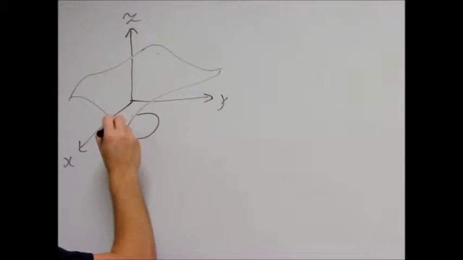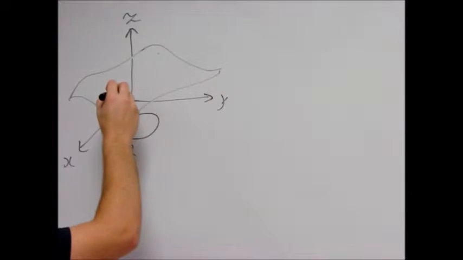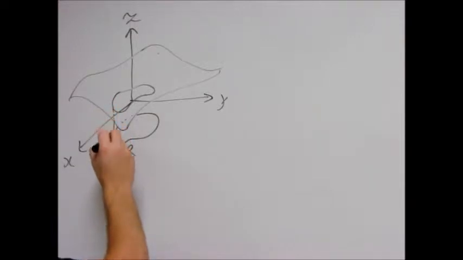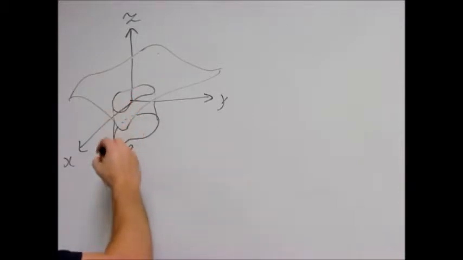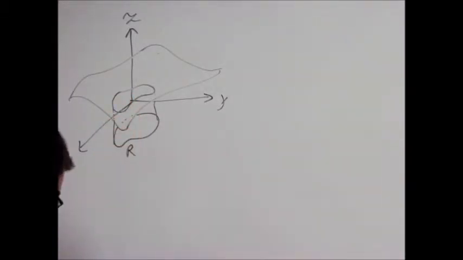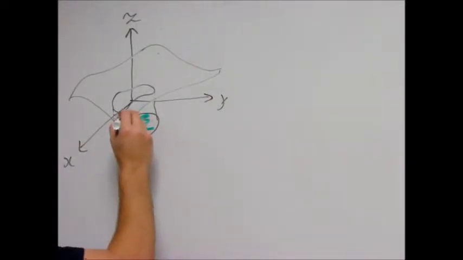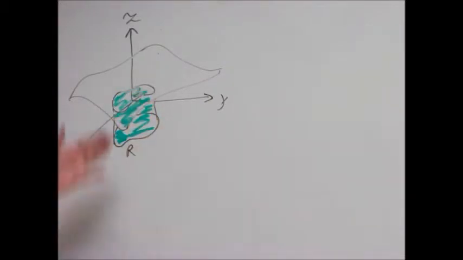So you have a region like this, region R, and you say, well, if I take this region here on the function, what is the volume underneath this region? Basically, this green volume, which is the volume under the curve, under this curved surface.